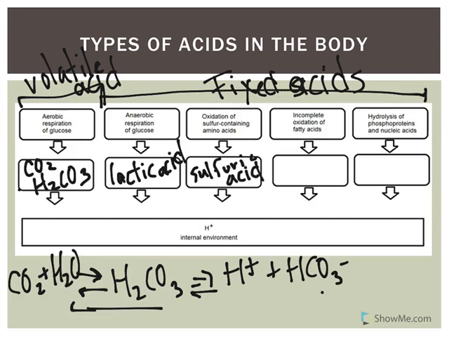I'm going to jump to the end: hydrolysis of nucleic acids, or metabolism of nucleic acids and phosphate-containing proteins, you get phosphoric acid. And the last one, if you have incomplete oxidation of fatty acids, you can produce substances that are referred to as ketone bodies. And I'm just going to write that for now.